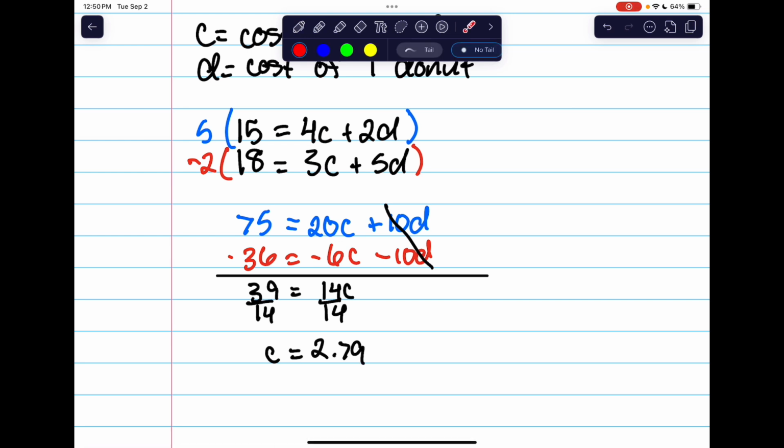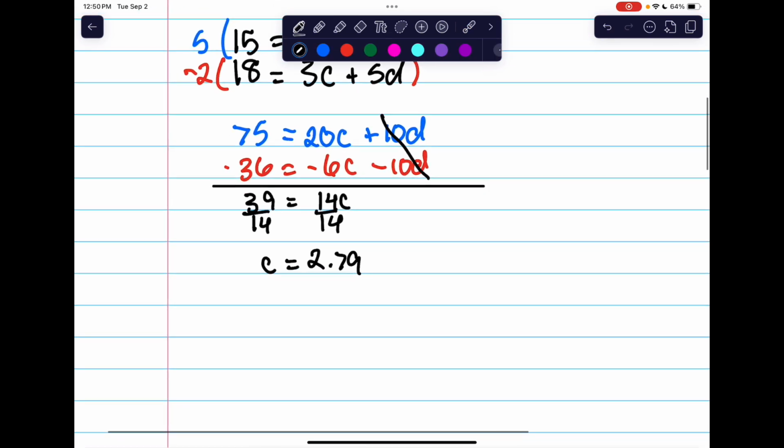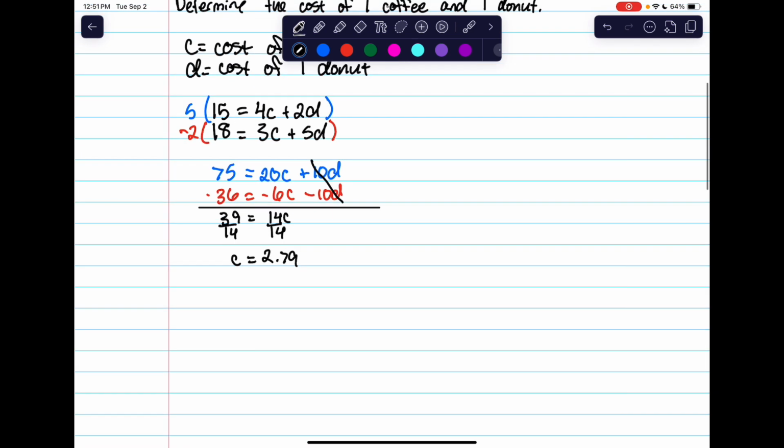Then from here, we plug in the C back into one of our old equations here at the top, which makes our lives a whole lot easier. So we'll do 18 equals 3 times 2.79 plus 5D. We do 3 times 2.79, which is $8.37.